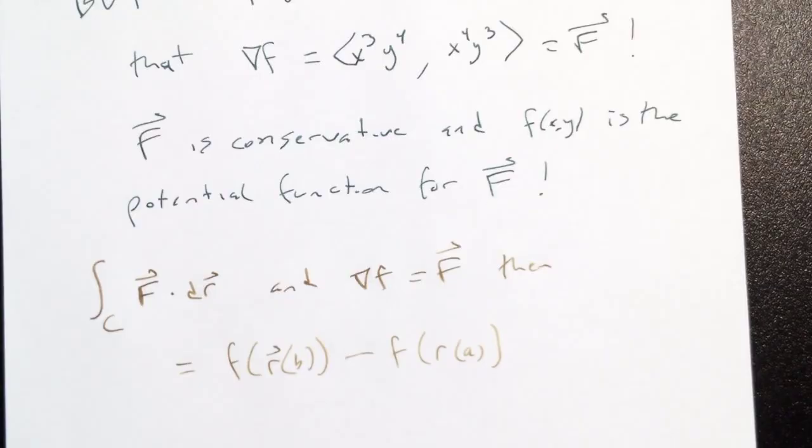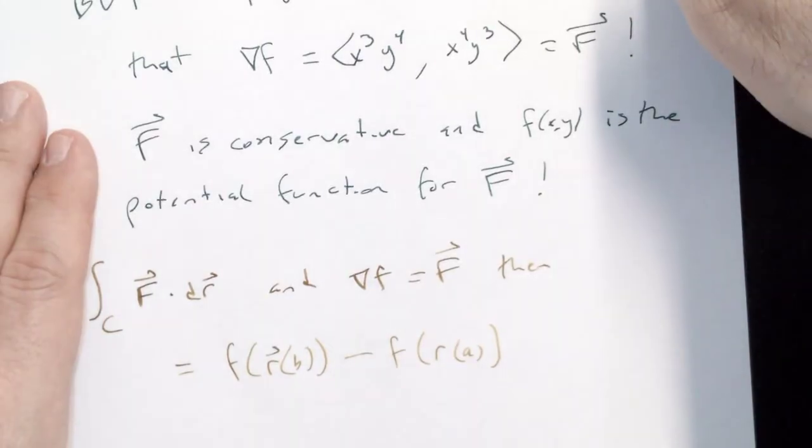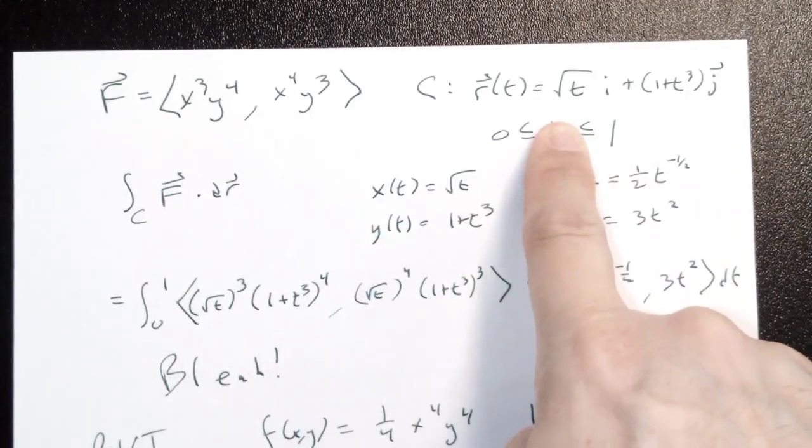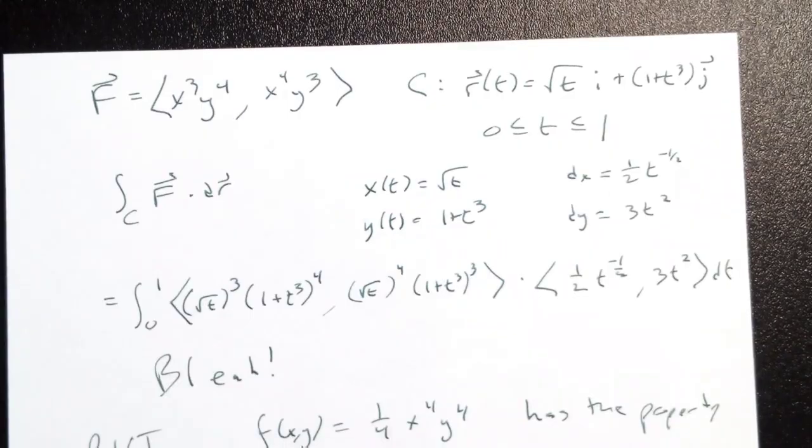Wait a minute. That means I need r of t. R of t, I go back up here. There's r of t. What do you get when you plug in 1?